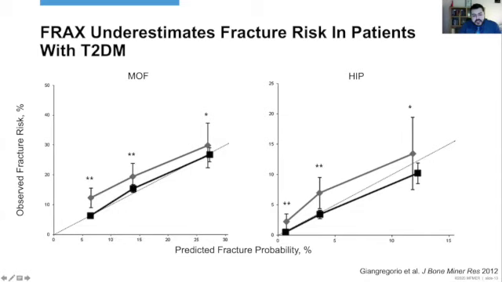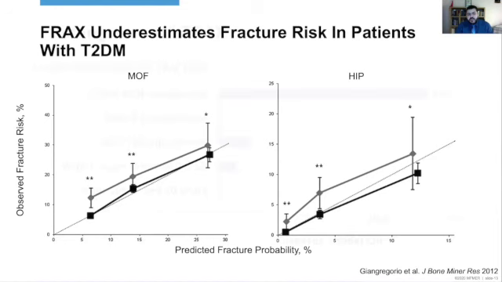However, there is a shift upwards, a higher risk than what's estimated by FRAX to the actual risk, both for major osteoporotic fracture and for hip fracture in both men and women. So FRAX itself cannot really estimate well the risk of fracture.